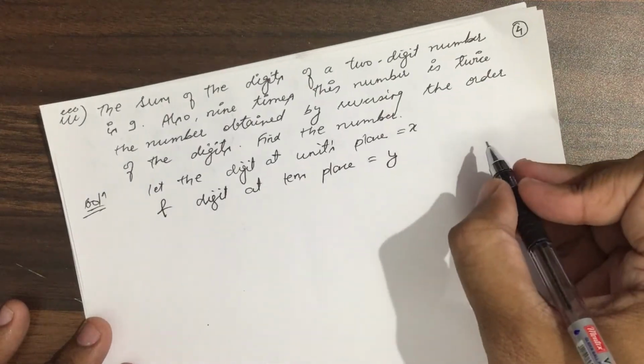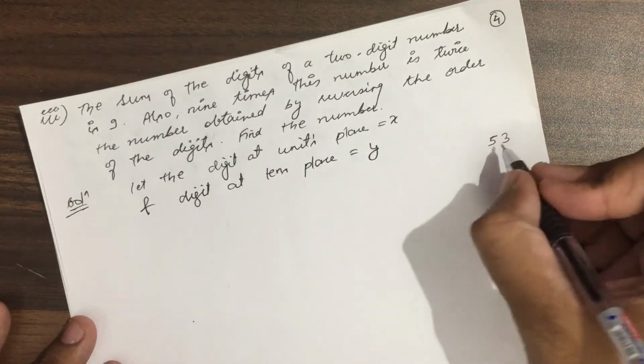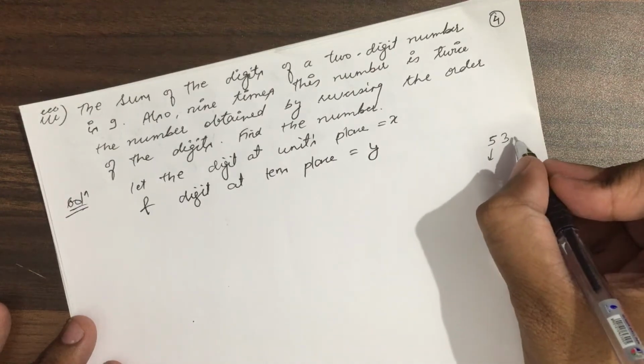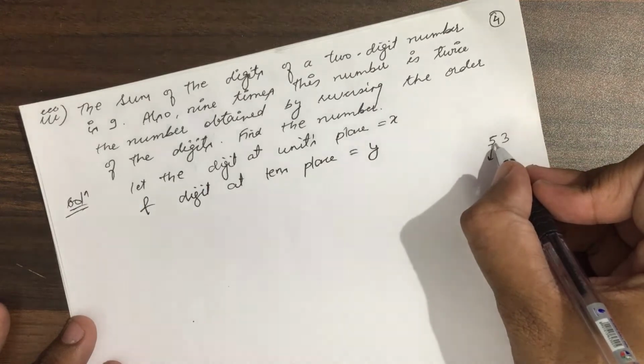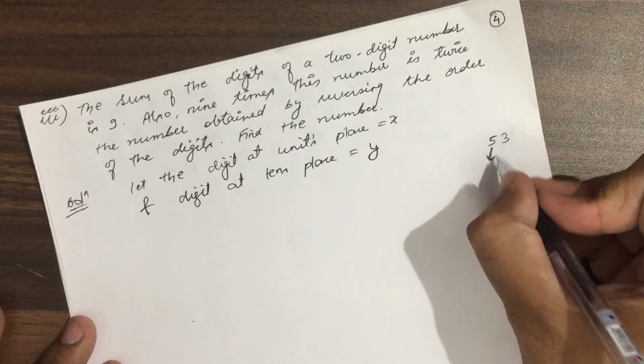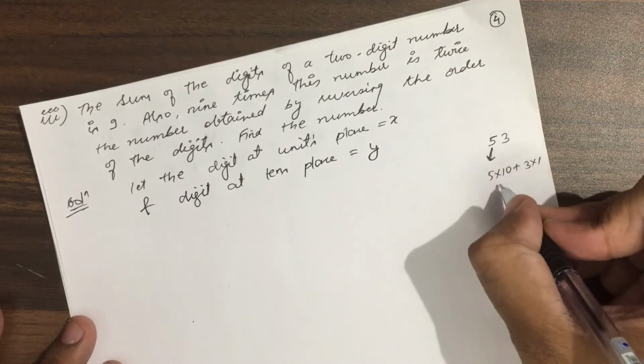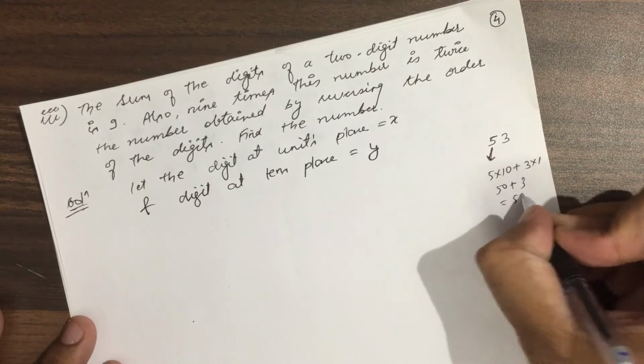So your number, now let us take an example. Suppose 53 is a number. So 53 we can, 3 is at ones place and 5 is at tens place. So number at tens place will multiply with 10. So 5 will be multiplied with 10 plus 3 is multiplied with 1. So this will give you 50 plus 3 means 53.